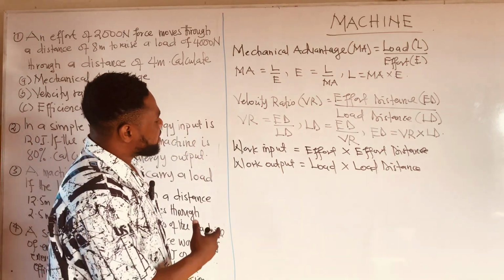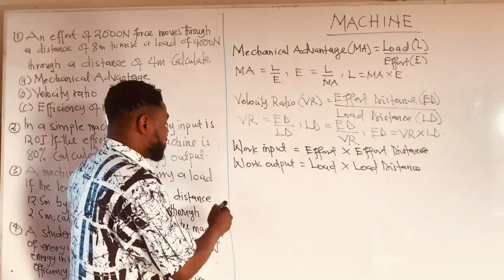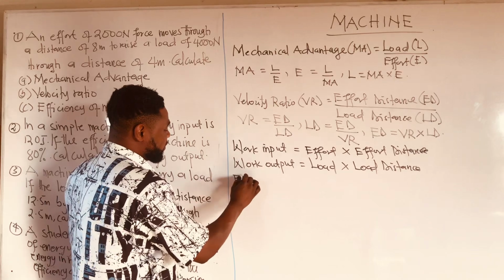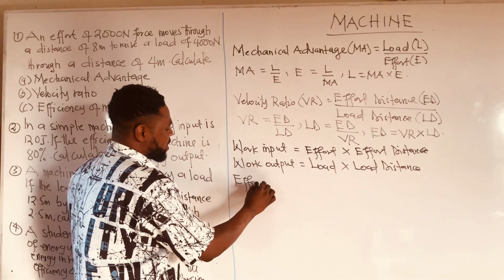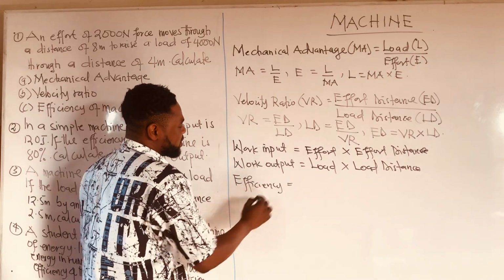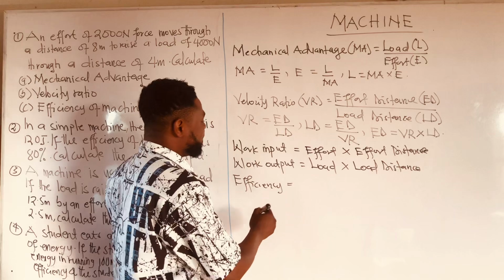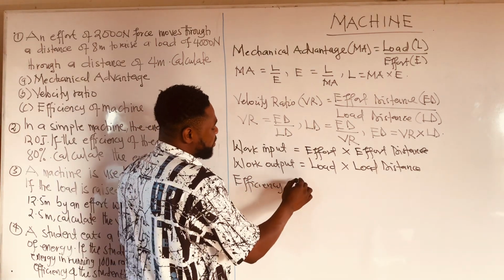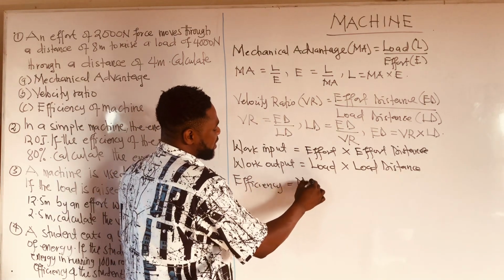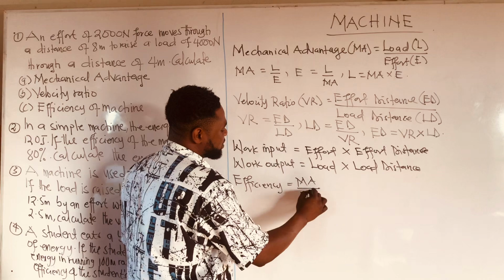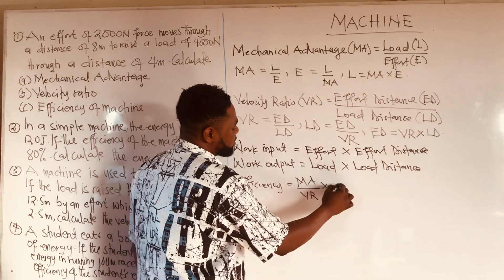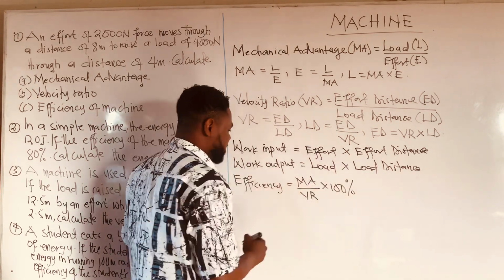All right, let us also look at another formula called efficiency of machine. We say efficiency of machine is given as, number one, mechanical advantage over velocity ratio expressed as percentage.